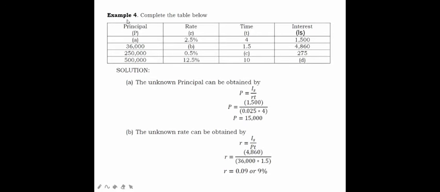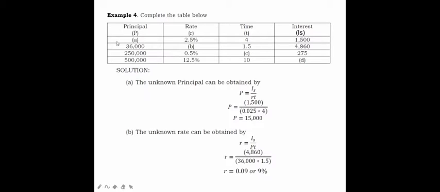Now let's proceed to example number 4. We are going to complete the table below. In the first row, letter A is unknown, the principal.